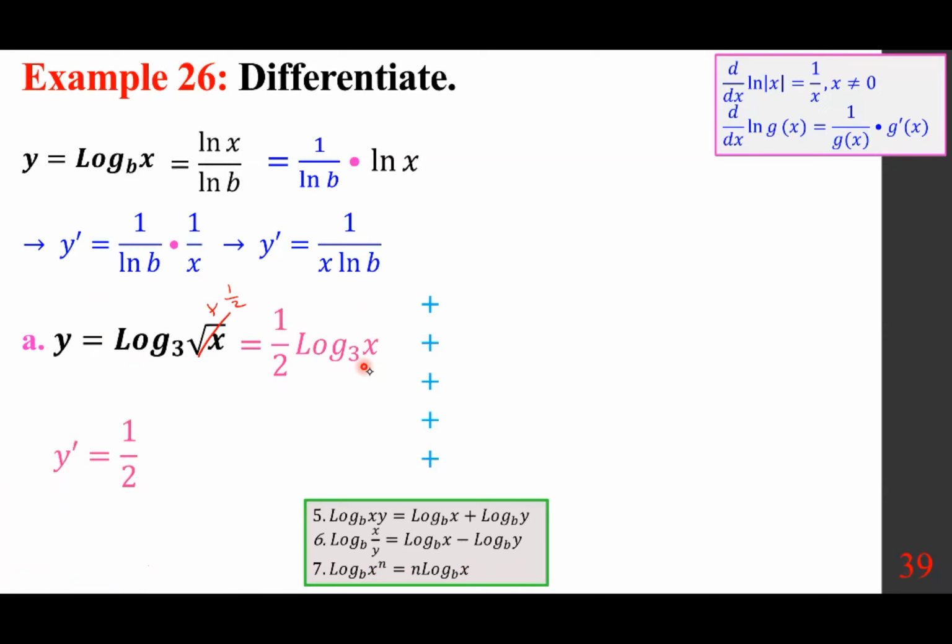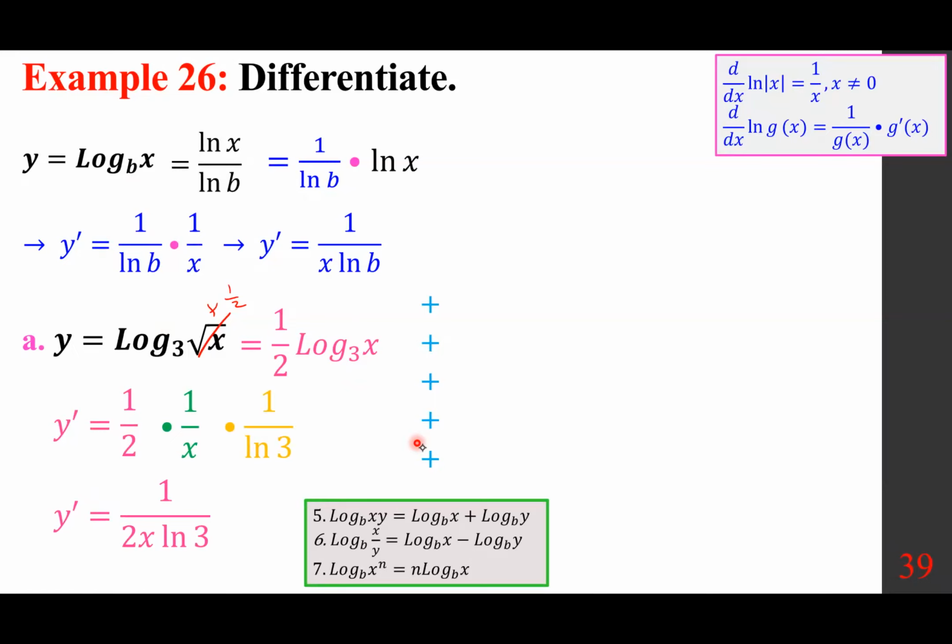So I need the 1/2, and then log, I'm going to flip this over, 1 over x. Because the base is not e, because it's not a natural log, I need 1 over ln b, 1 over ln 3. Now I'm going to put them all together, and 1 over 2x ln 3. This is the way you would write that.